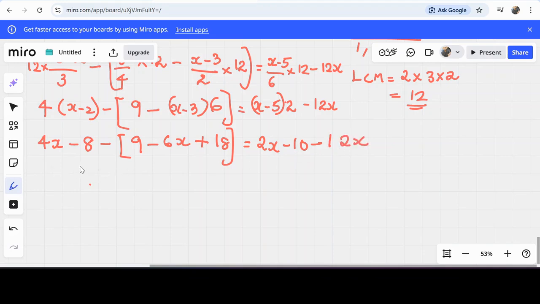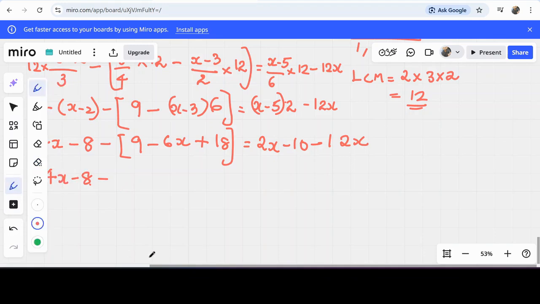Now in the next step I can multiply this negative to the inside of the bracket, which will become 4x minus 8, then minus 9. No, it's better to do the simplification here, otherwise we will get extra terms. So I will erase this one again.